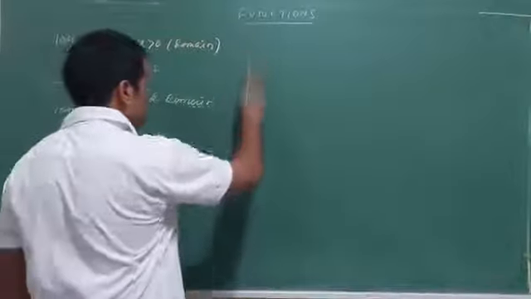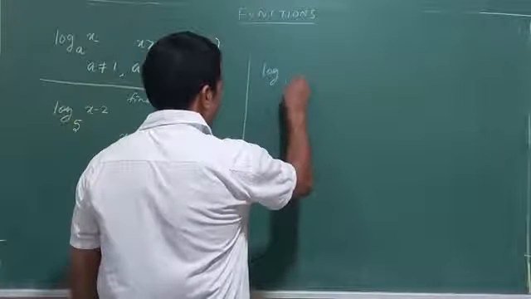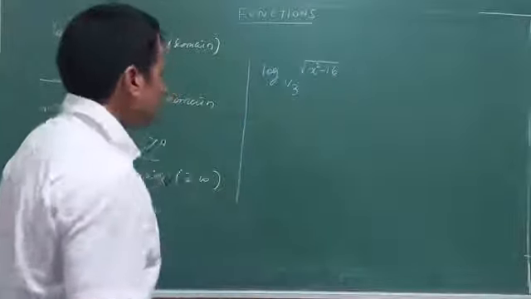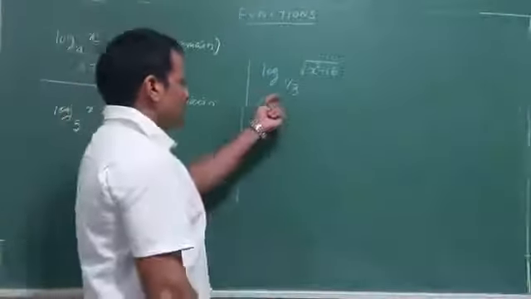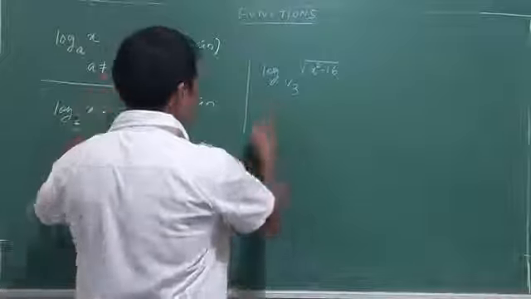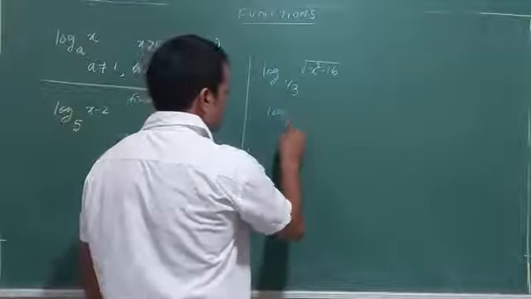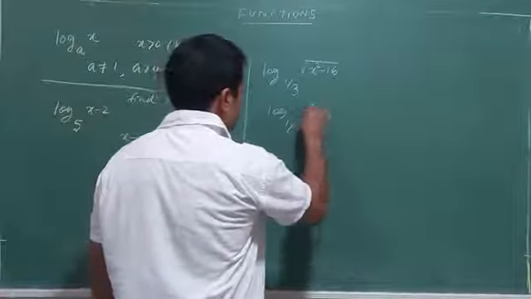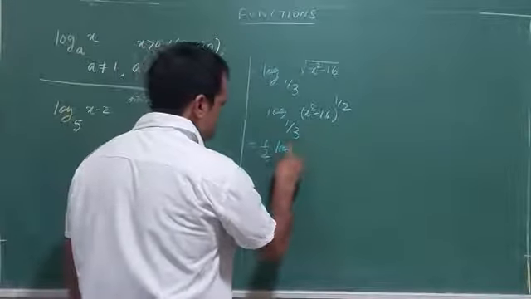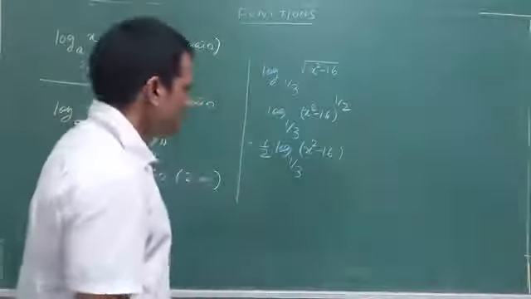Suppose the next question: log base 1 by 3 of the square root of x square minus 16. Again, I have to find the domain. The base is positive, not equal to 1, greater than 0. Then I can write this as log base 1 by 3 of x square minus 16 to the power 1 by 2. Using the property, I can bring 1 by 2 outside.